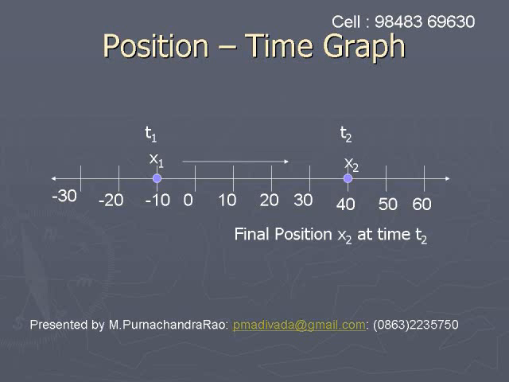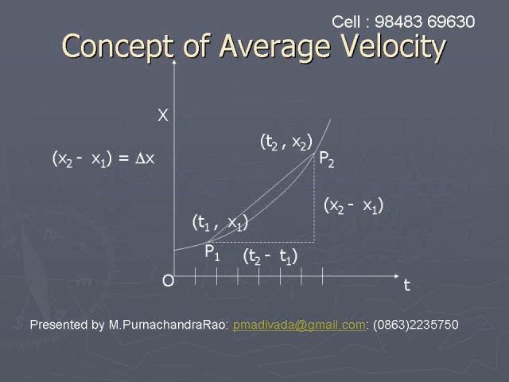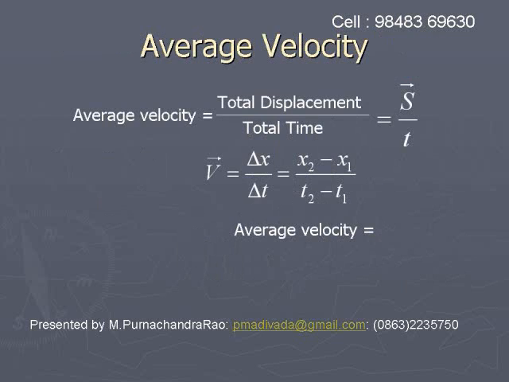Then total displacement is x2 minus x1, represented by delta x, and total time taken is t2 minus t1, represented by delta t. So the ratio delta x by delta t, which is equal to x2 minus x1 by t2 minus t1, is the average velocity.